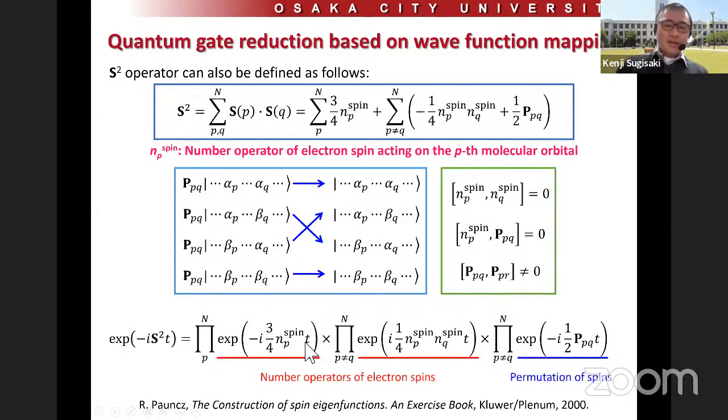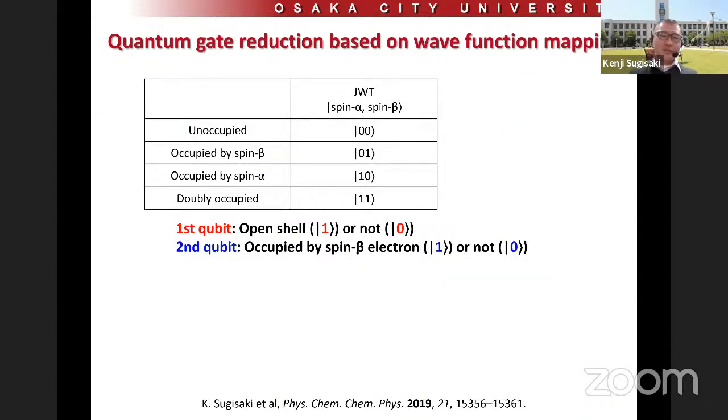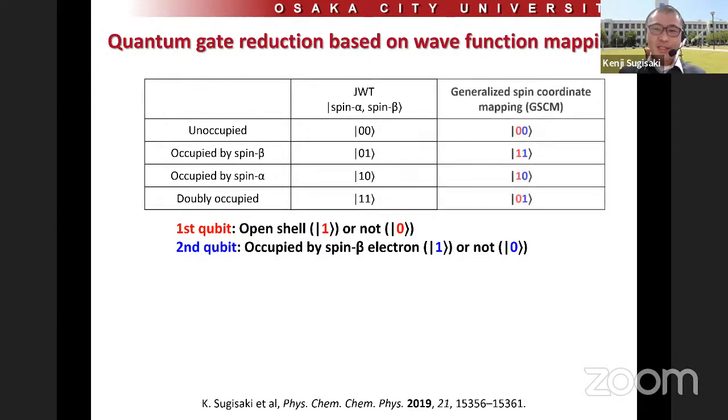And the inside of the exponential is the number operator of electron spins, and in this term, it includes permutation operators of spins. In order to perform this kind of operation, we can introduce another wave function mapping technique named the general spin coordinate mapping.